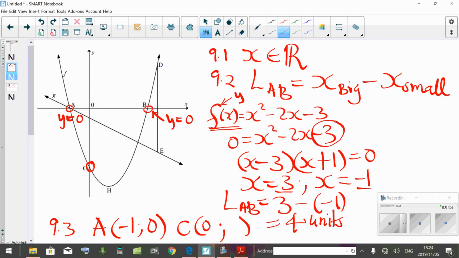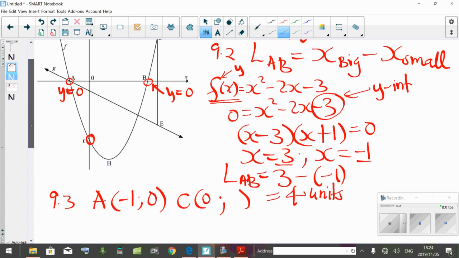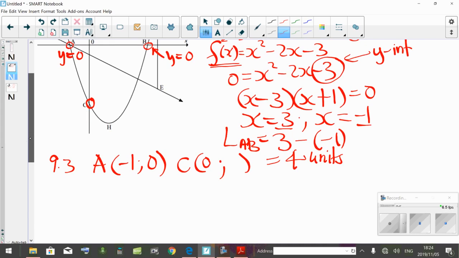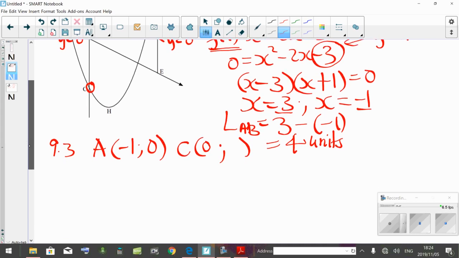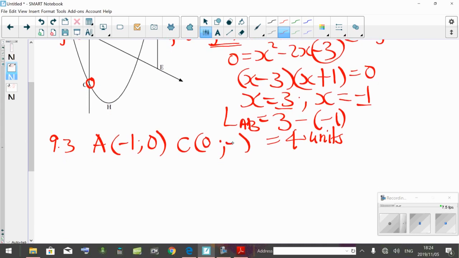This value refers to your y-intercept for the parabola. So no need to calculate it. However, if you feel the need, just let x equal 0 and then substitute.